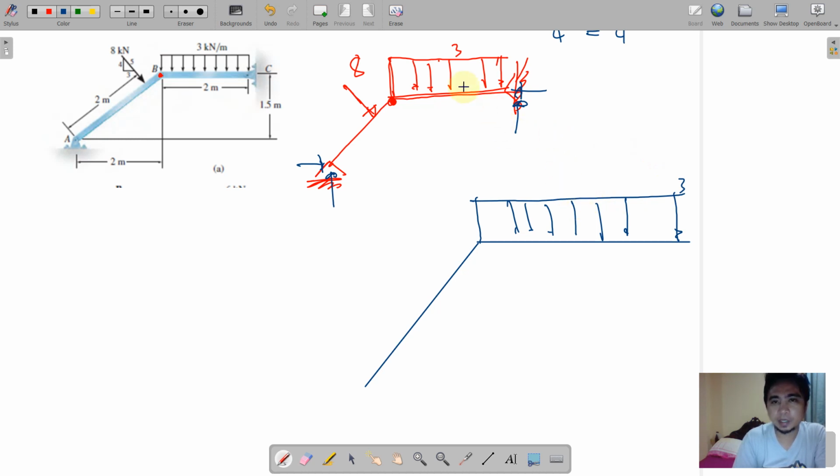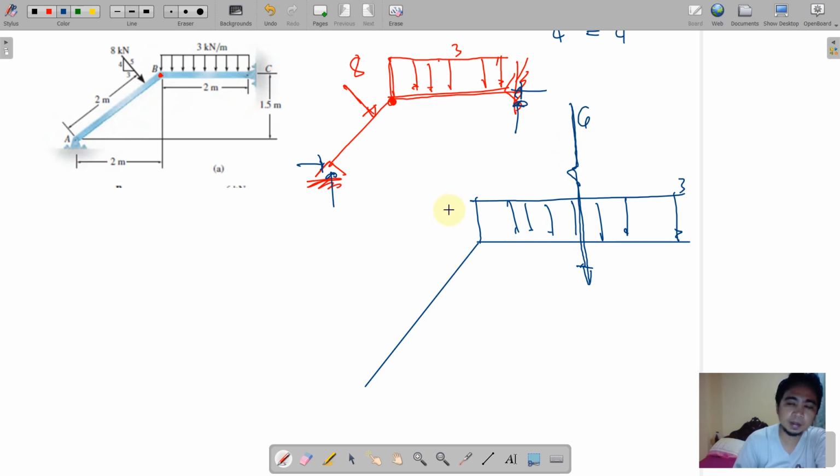So usually, kapag meron tayong uniformly distributed dyan, we wanted to express it in terms of its resultant. Okay, so resultant is just the area of this rectangular section, rectangular loading. So parang i-assume mo lang na yung height niya is 3 at yung base niya is 2. So 3 times 2 is 6. Okay, nasa nakakoncentrate, nasa centroid, nasa gitna.